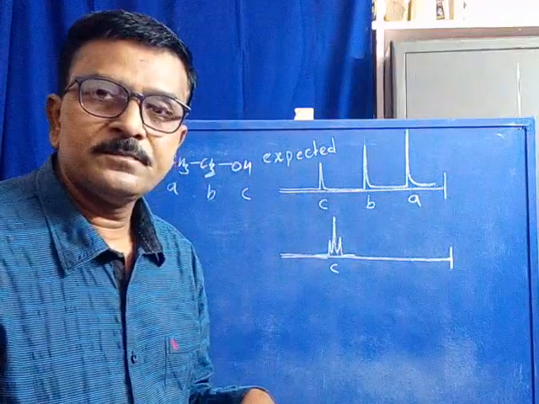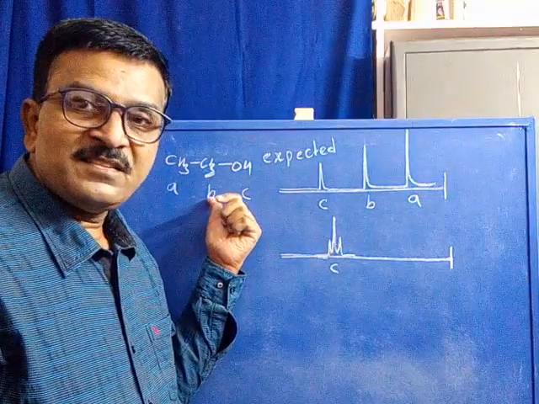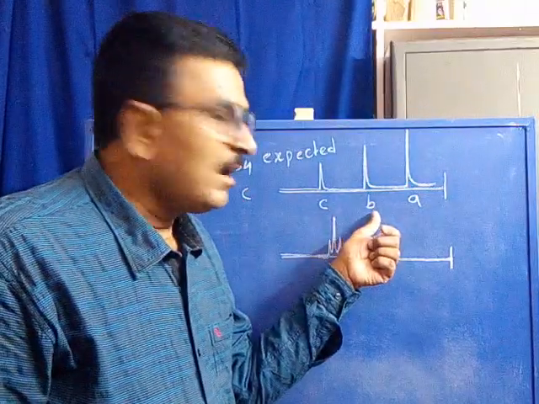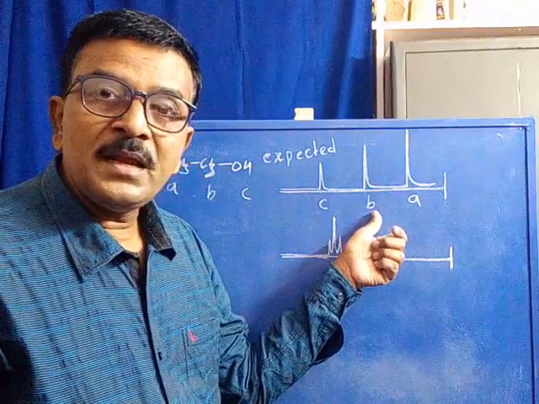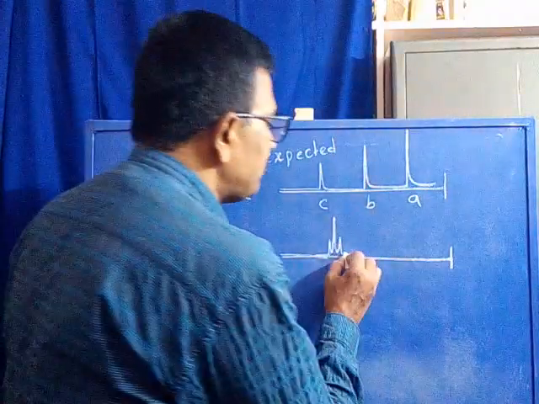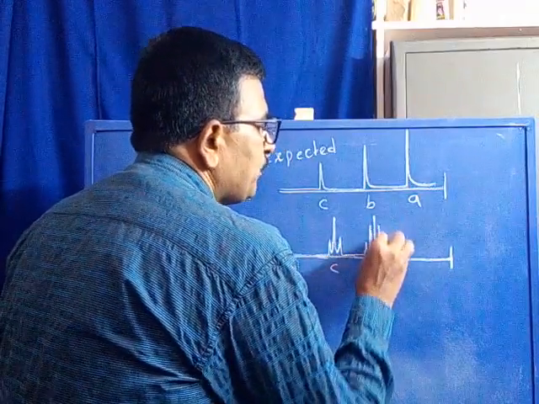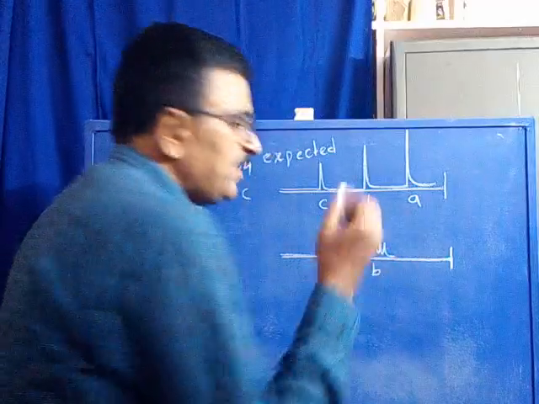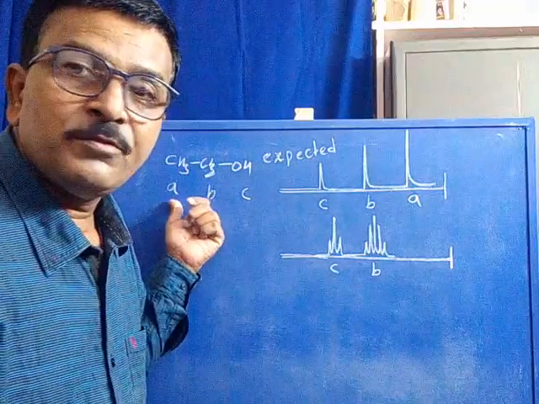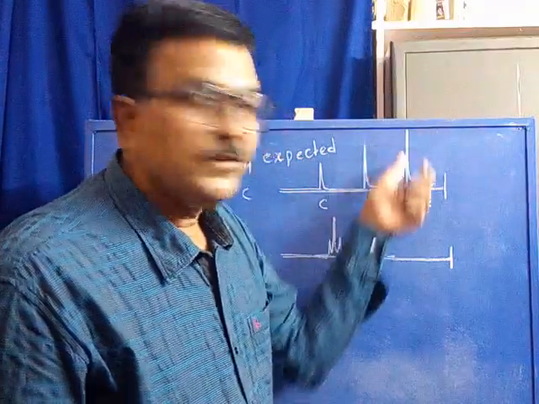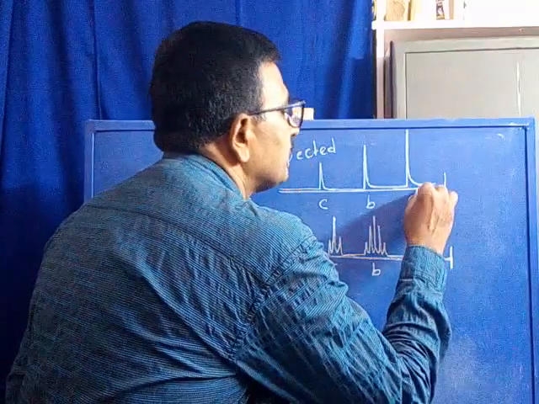This is C. Similarly, the B set of protons, that is CH2 protons, does not appear with a single line, but appears with five lines. 1, 2, 3, this is 4, this is 5. That is the B set of protons. Now coming to the A set of protons, instead of appearing with a single line, it appears with three lines like this.